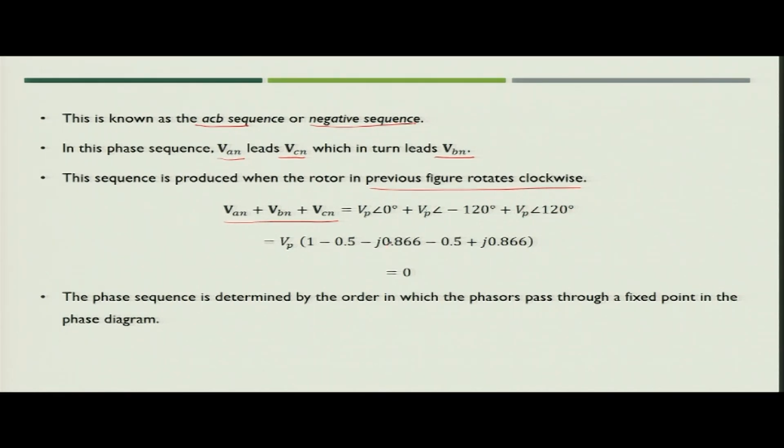If you convert them into rectangular form and sum up, you will always get VAN plus VBN plus VCN equal to 0. The phase sequence is determined by the order in which phasors pass through a fixed point in the phase diagram. I think with this you can understand how ABC and ACB sequences are arranged. ABC is considered a positive phase sequence and ACB is considered a negative phase sequence.